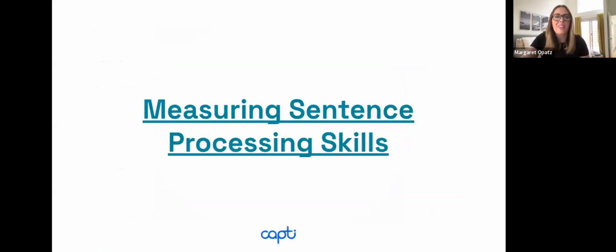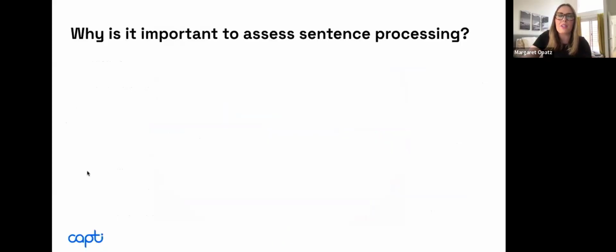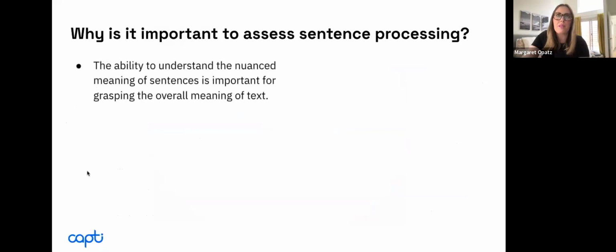Okay, so now I want to show you a tool for measuring sentence processing skills. And first, I just want to mention, specifically with sentence processing, it's really important to be able to measure this skill because we don't often measure whether or not students have the ability to understand the nuanced meaning of sentences.